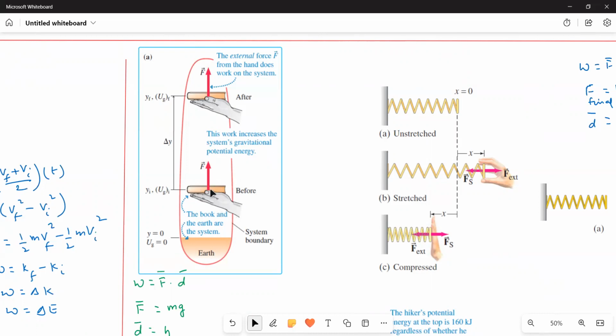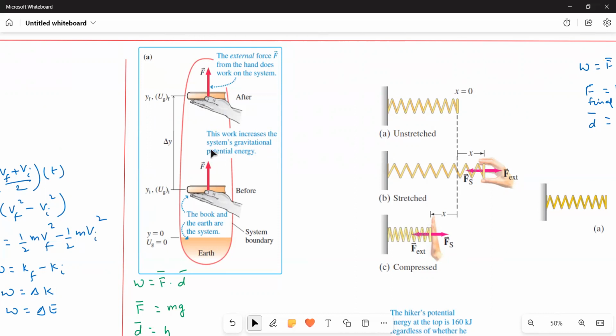Moreover, I am considering a frictionless surface. And the object is moved with constant velocity so that there won't be any increase in the kinetic energy. As the system is friction free, there are no dissipative forces, so no non-conservative forces are acting on the system.